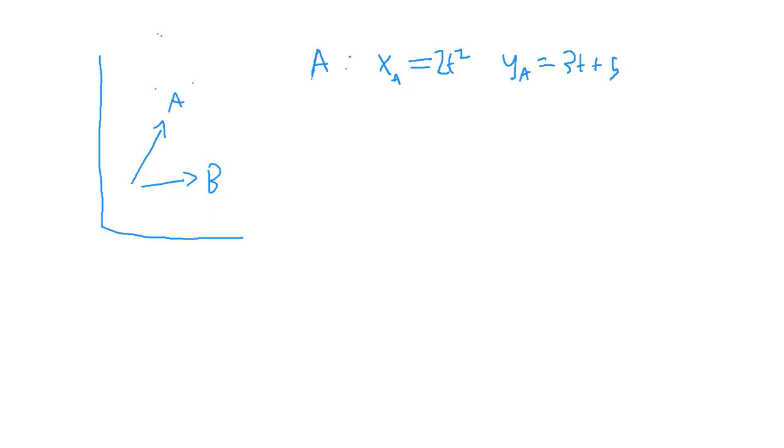And then for boat B, we're also given x and y equations. We're given x_B is equal to 4t plus 2, and y_B is equal to 5t squared plus 2t.